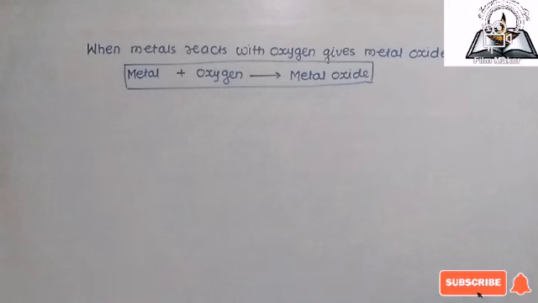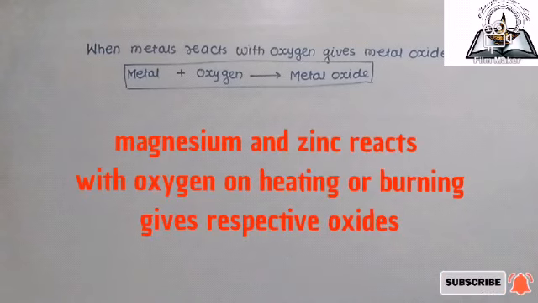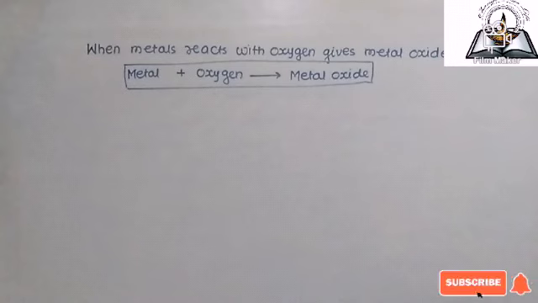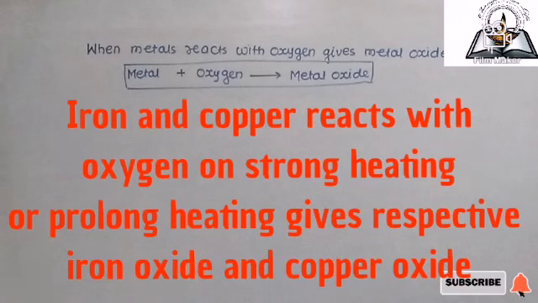On the other hand, magnesium and zinc react with oxygen on burning, that is on heating, giving magnesium oxide and zinc oxide respectively. On the other hand, iron reacts with oxygen on strong or prolonged heating, giving iron oxide.